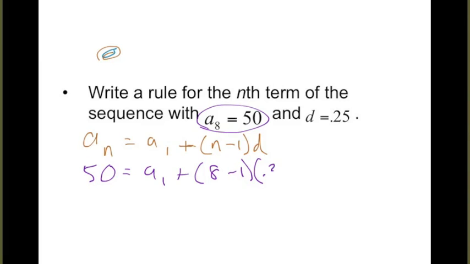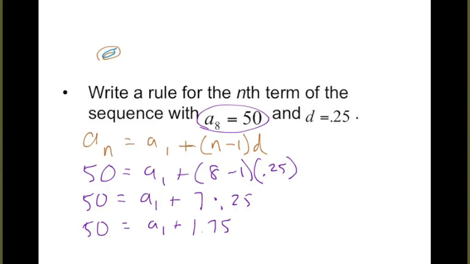Then we're also given our common difference is 0.25. So we can use this to find out what our first term is. So I get 7 times 0.25, which is 1.75. And subtracting that off gives a first term value of 48.25.